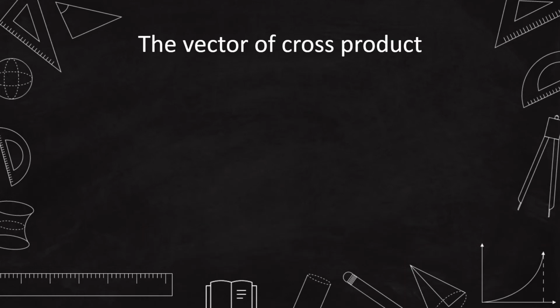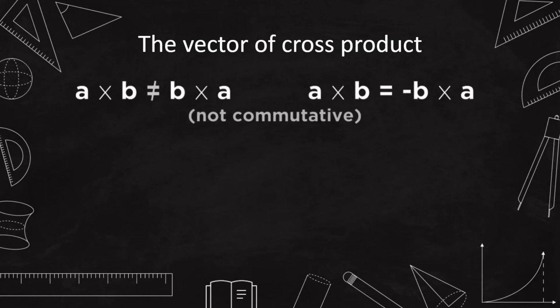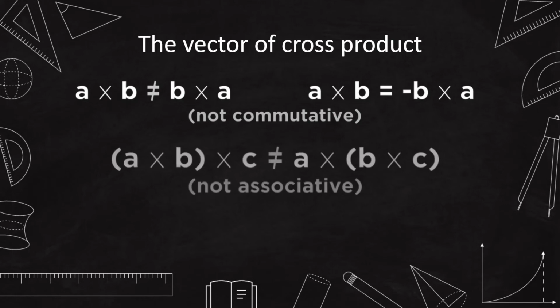Lastly, just as we learned some properties of the dot product, let's quickly mention some properties of the cross product. First, the cross product is not commutative. A cross B doesn't equal B cross A, rather A cross B equals negative B cross A. Second, the cross product isn't associative.